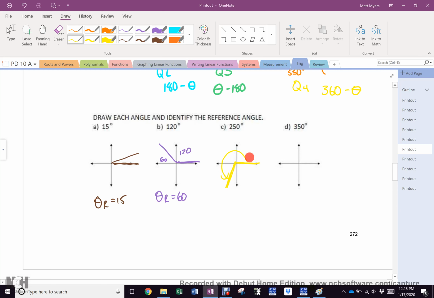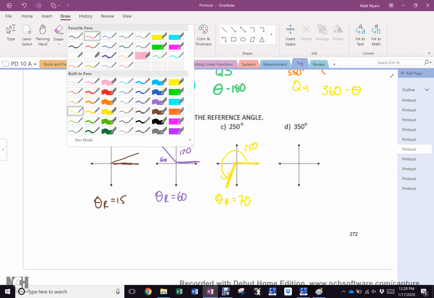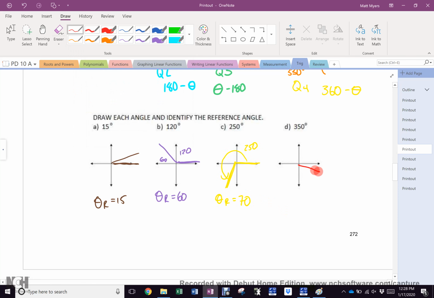Theta, 250. What's theta r? 70. Yeah? Okay. And lastly, 350. 350, and theta r equals 10.